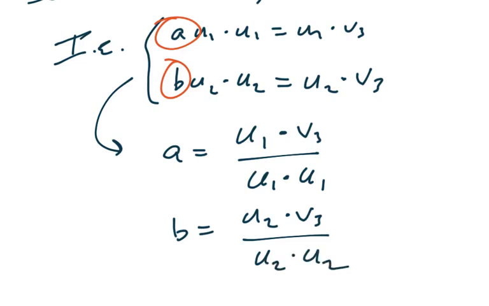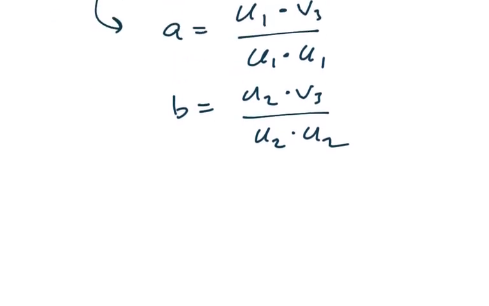Okay, so let's summarize this, because we don't have everything from the previous video right in front of us. Just to remind you what a and b represented here. The projection into this plane that's spanned by u1 and u2, we're trying to figure out the point that's nearest to v3 in that plane, because this is going to be the end point of the projection of v3 down into the plane that's spanned by u1 and u2.